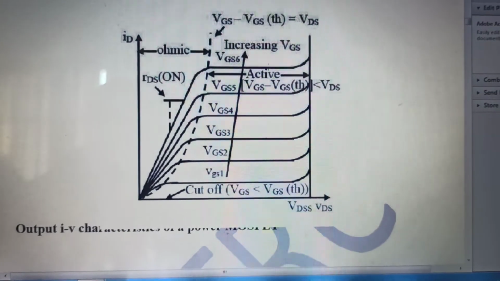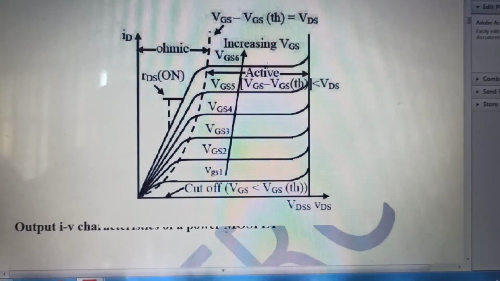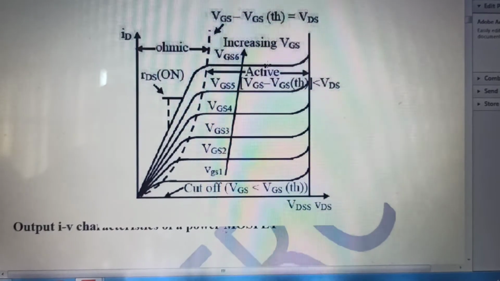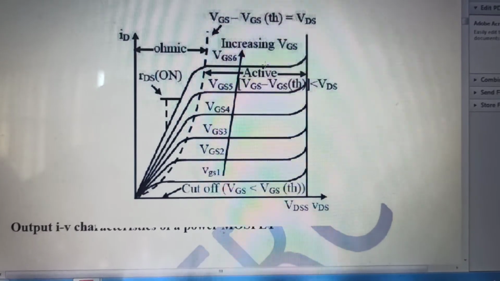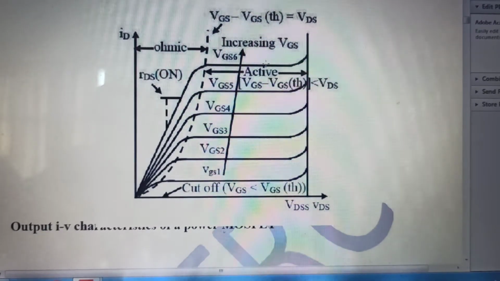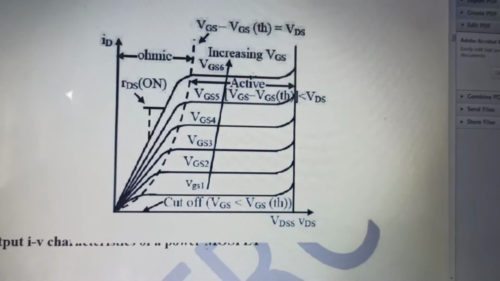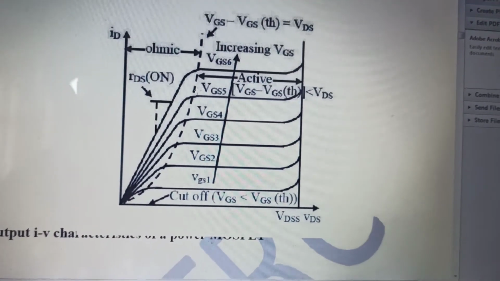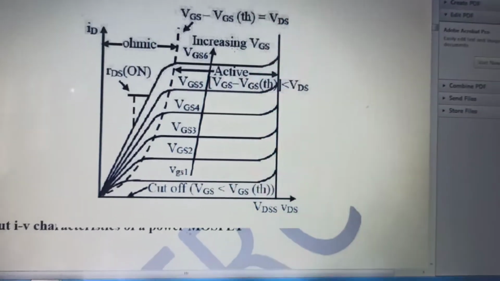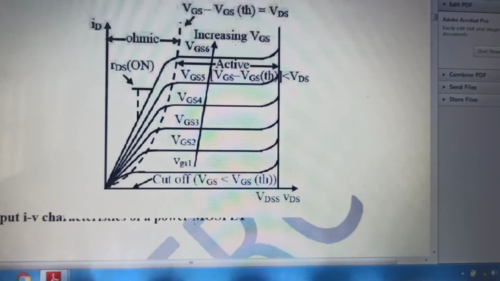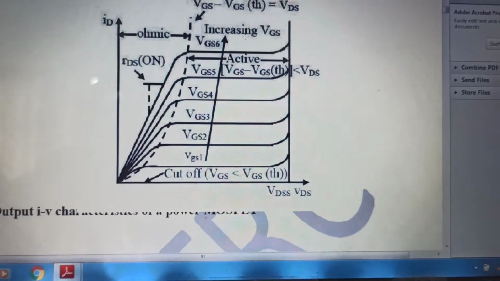After that comes the active region, in which as the gate source voltage increases, the current level also increases. Once it enters the active region from the ohmic region, we can be very sure that the current will get saturated.